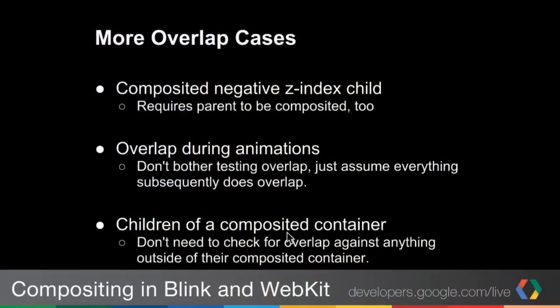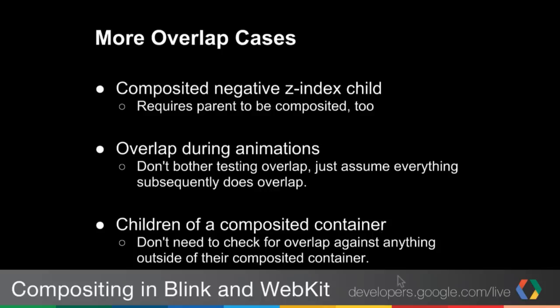This third point is also very interesting to note. This is where stacking contexts actually become very useful, because if you have children that are inside of a stacking context, you know that they are treated as atomic with respect to everything else outside of that subtree.